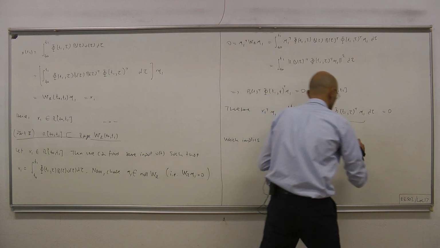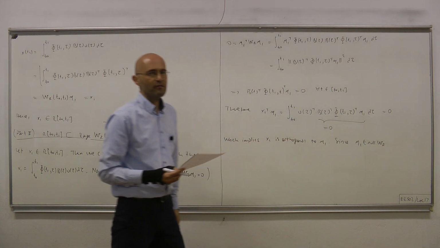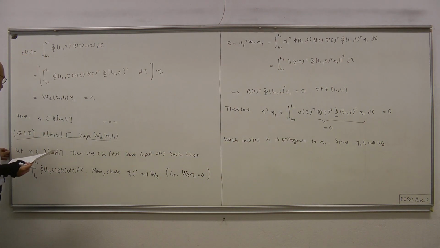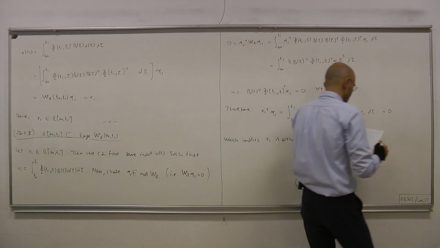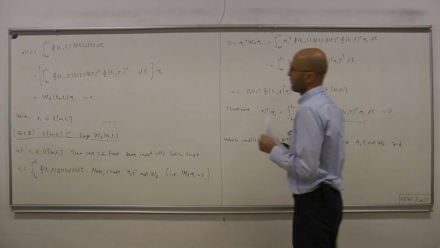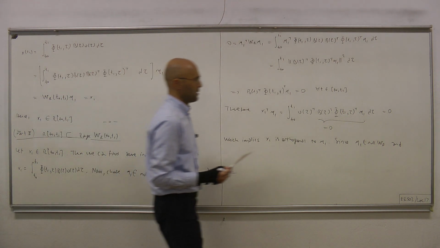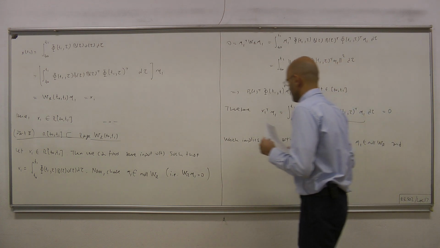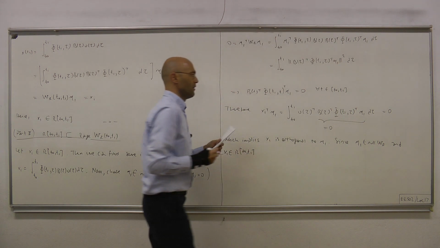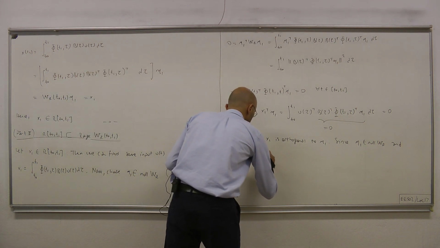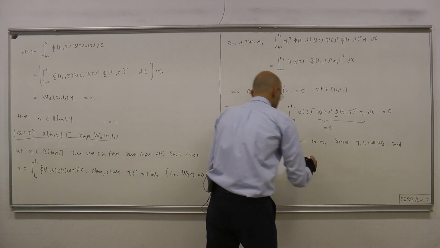Now, since eta 1, which we picked arbitrarily from the null space of the reachability Gramian W of R, and likewise x1, that's coming from the reachable subspace, was also arbitrary, we have the following.